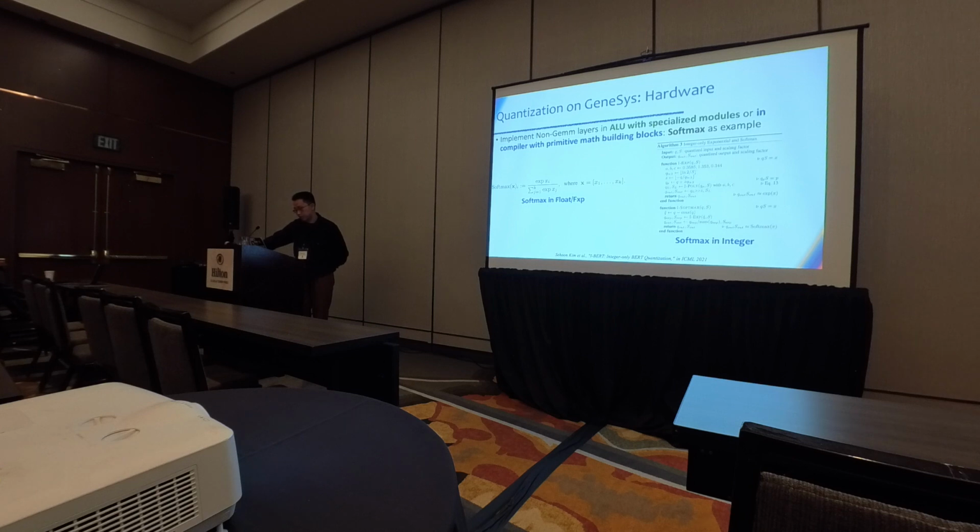In our implementation, taking the softmax example, we decompose softmax into primitive operations and implement that in the compiler, and it just compiles and runs on our hardware. So there's no hardware change, but I have read a lot of literature where you introduce a softmax module on the hardware. That will also work on our hardware, where you insert the softmax instruction in the compiler.